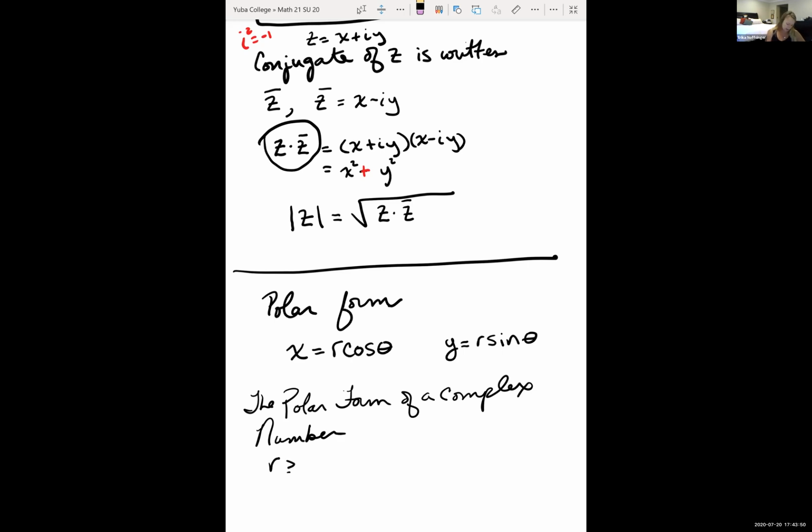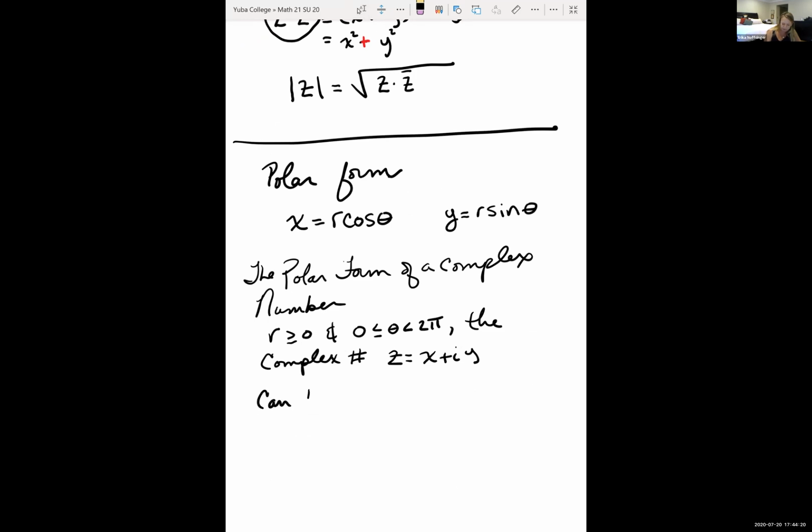R, if it's greater than or equal to 0, and your value of theta is between and including 0, but not 2 pi, the complex number z equals x plus iy can be rewritten in polar form as z is equal to r cosine theta, that's your x value, plus i times r sine theta.